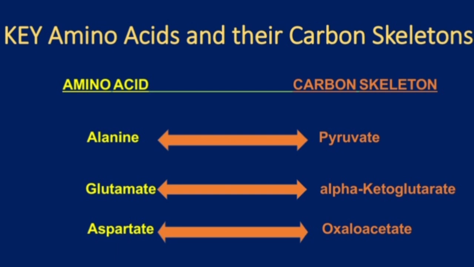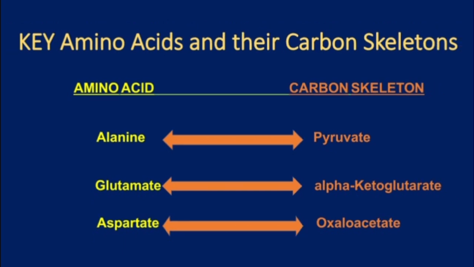urea cycle. And as such, they play a key role in overall amino acid catabolism and disposal of nitrogen through the urea cycle. The first amino acid is alanine, and it can be metabolized by alanine transaminase or alanine aminotransferase to form the carbon skeleton pyruvate through this reaction.